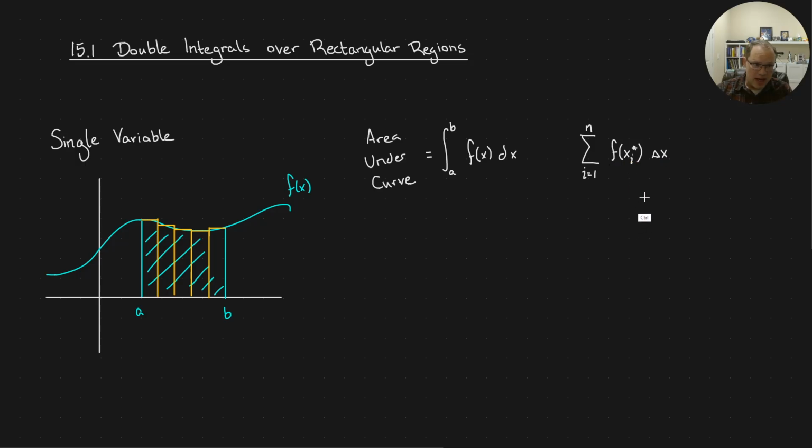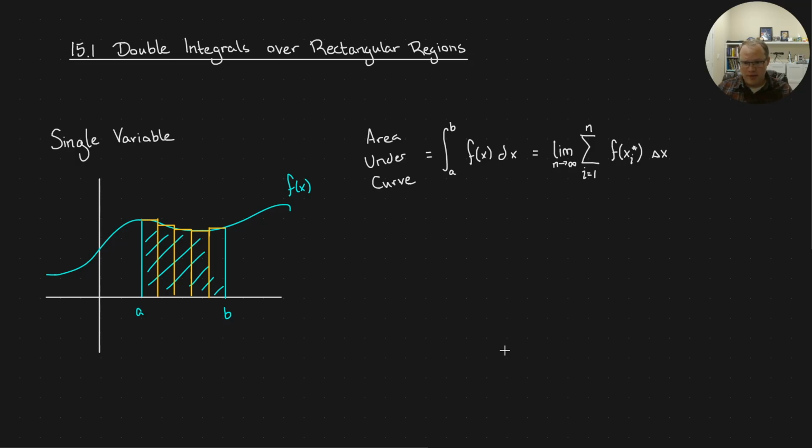So this will give us the area of every rectangle. And then you add all those areas together. If you look at the limit as the number of rectangles goes to infinity, then this is the integral, right? This is how we define the integral. Okay? So that's the single variable case.